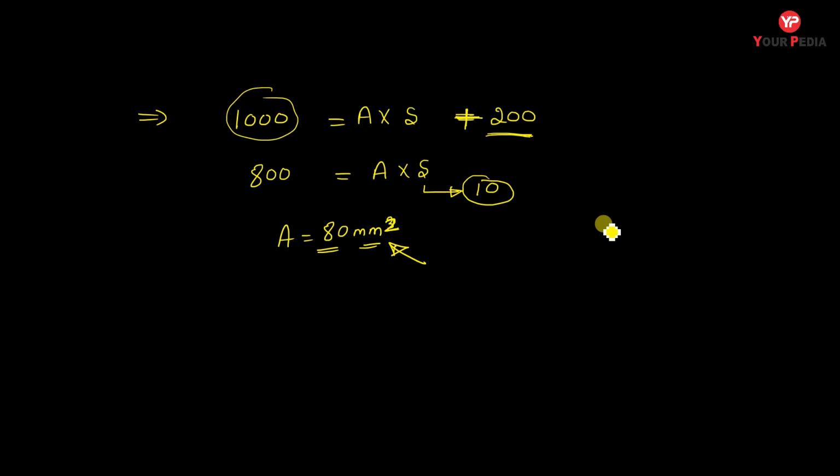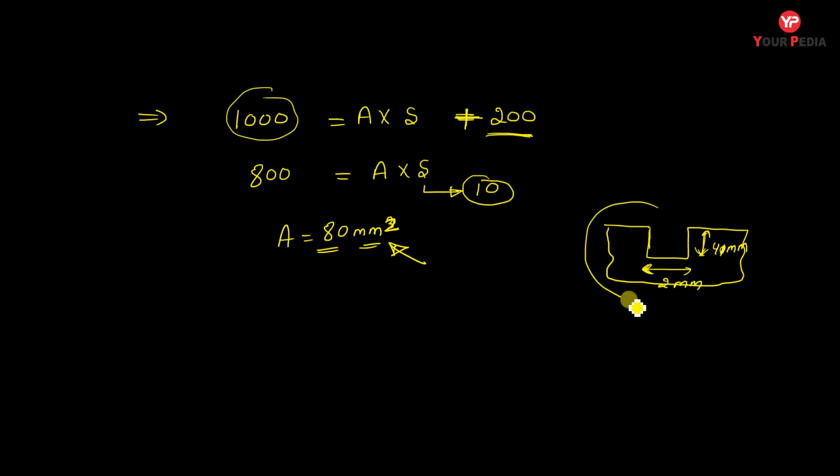But if I go for actual welding, for example, this is the metal to be welded. Say this is 40 mm, and this is, let us assume, 41, and this is 2 mm, arbitrarily taking.